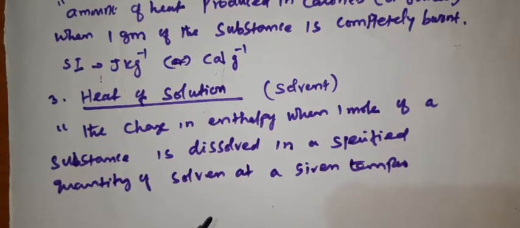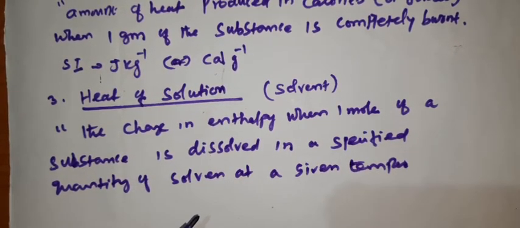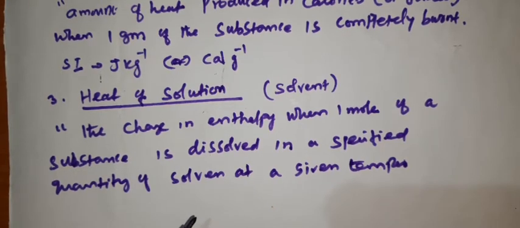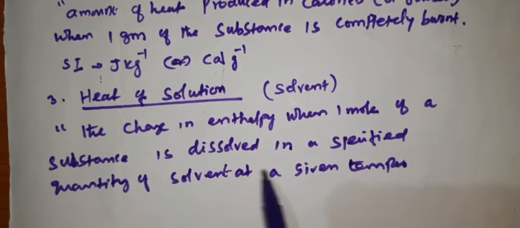So the heat of solution we can define as the change in enthalpy when 1 mole of substance is dissolved in a specified quantity of solvent at a given temperature.